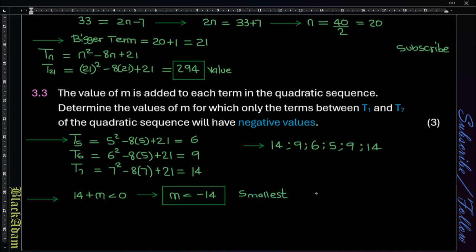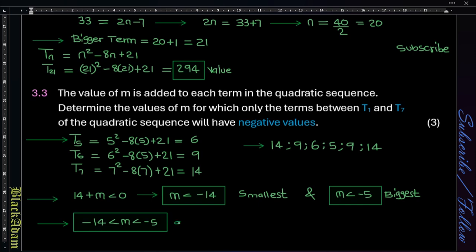For the biggest value, remember it's a negative value, so m is going to be less than negative 5. That's the biggest one. So coming from the biggest value, that's going to be negative 4 minus m less than negative 5. Yeah, so that's our final answer.